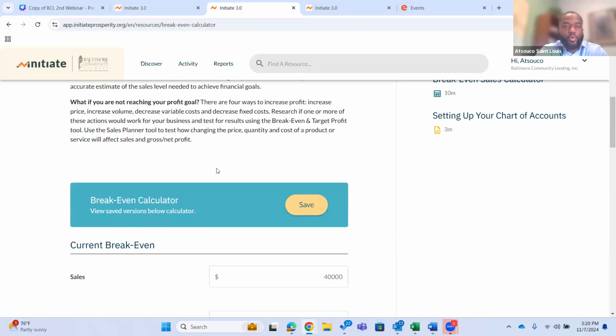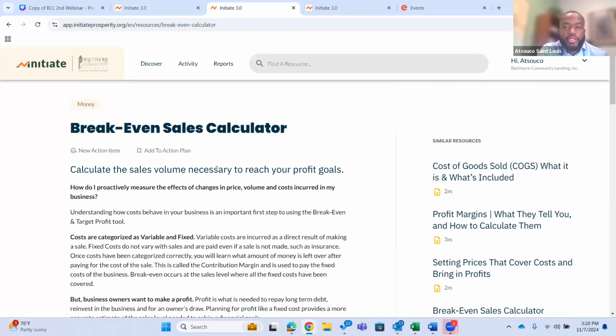Okay, so what you just watched are the three pillars of financial management: cash flow projections, income statements, and balance sheets. And you can always go back on Initiate Prosperity and rewatch that video. So let's go back into the scenario, to understand why starting with those three things is important.